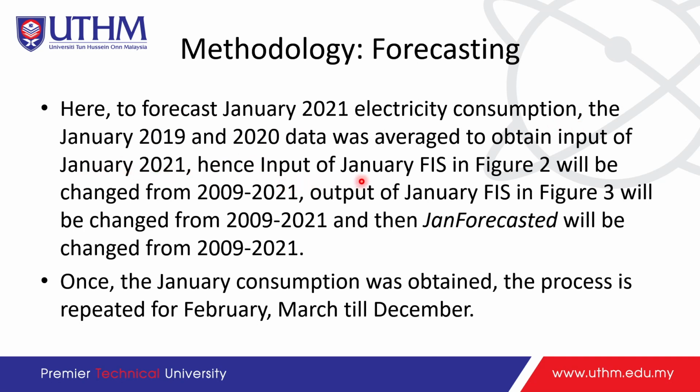Then the input of January FIS in figure 2 will be changed from 2009 to 2021, and the output of January FIS in figure 3 will be changed from 2009 to 2021. This means we add in the year 2021, so we add in one input and three outputs. Once the January consumption is obtained, the process is repeated for February, March till December.